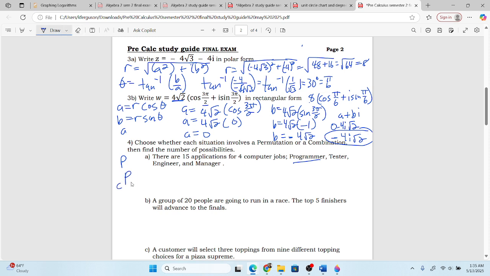C P n equals C factorial over C minus n factorial. So in this case, C is 15, n is 4.